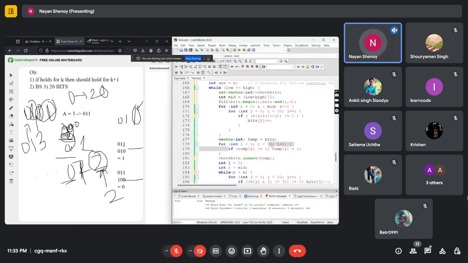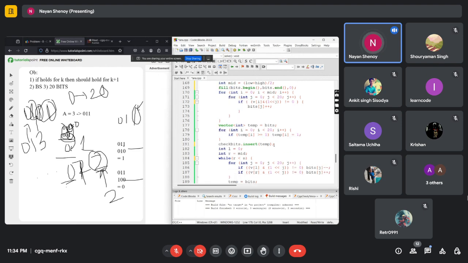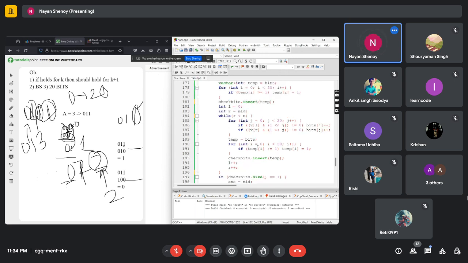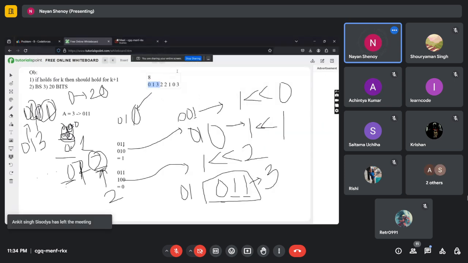I check whether it is greater than or equal to 1. If it is greater or equal to 1, make it 1. And then I am storing this result in my set, which is checkBits. CheckBits is basically checking, for every window of size mid, whether all are equal or not. So I have inserted this, which in our case will be 0, 1, 1, in checkBits. Now, for 0, 1, 3 we have calculated the OR.